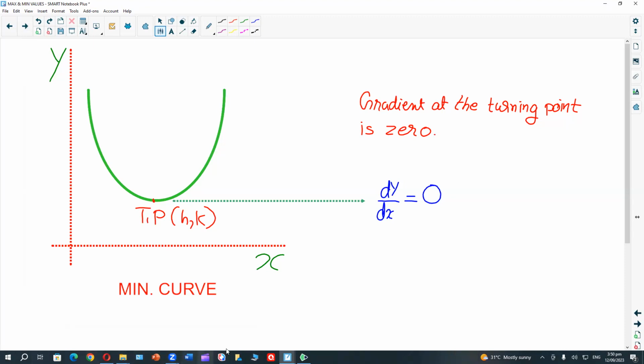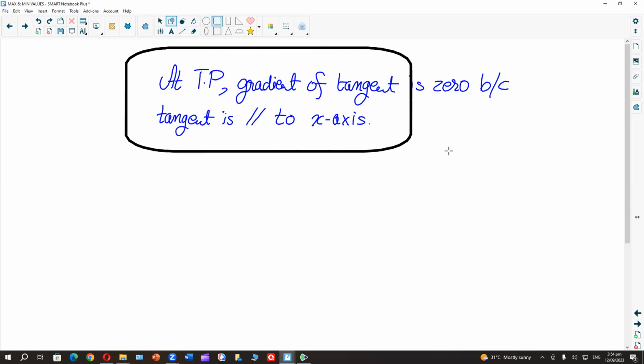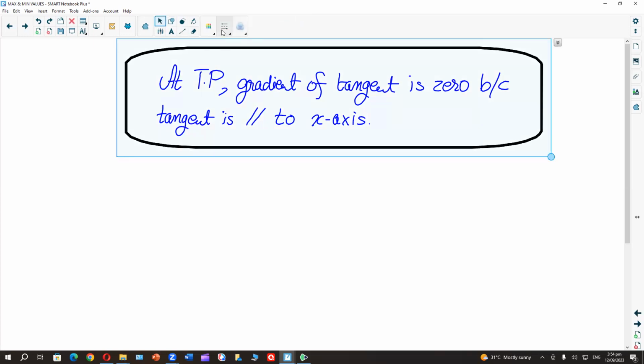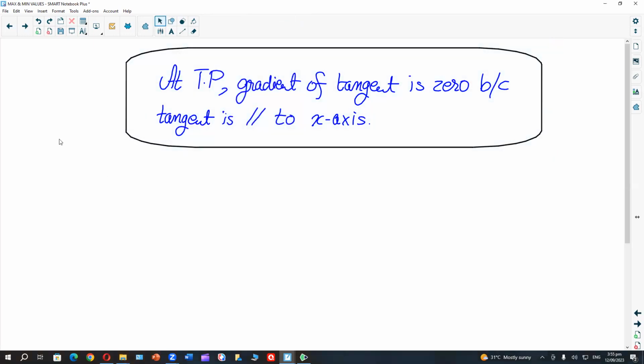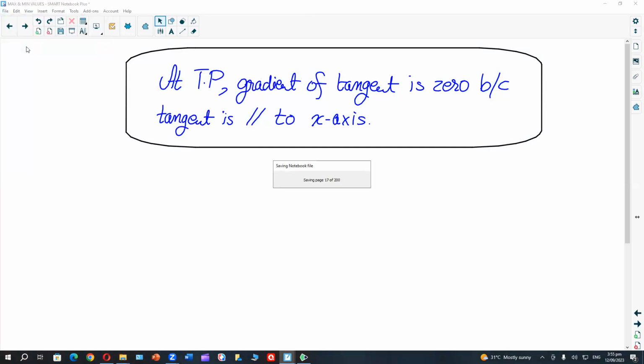So take the LCM. At turning point, gradient of tangent is 0 because the line is parallel to x-axis. Yes.